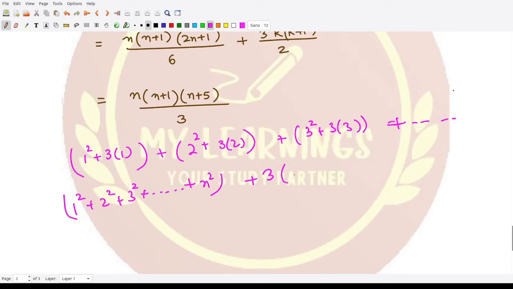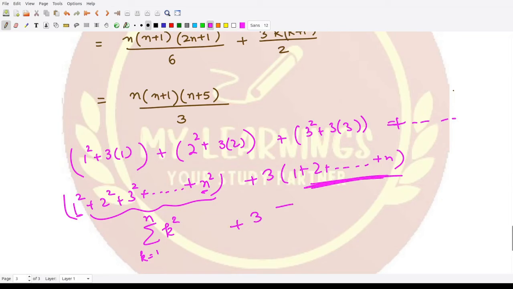Then you can collect 3 into 1 plus 2 plus so on up to n. So you can write it like this, summation k square, where k starts from 1 and ends at n. Here you can write this term like this, summation k, where k varies from 1 to n.